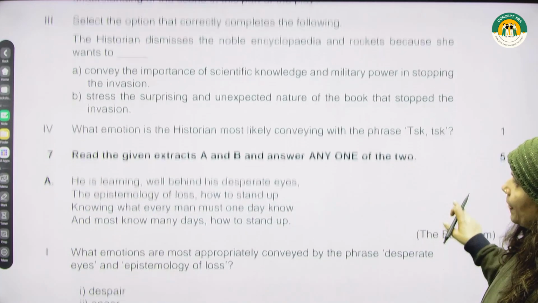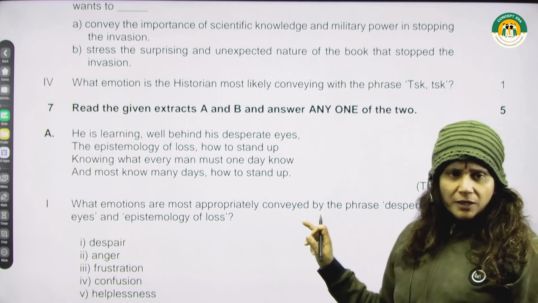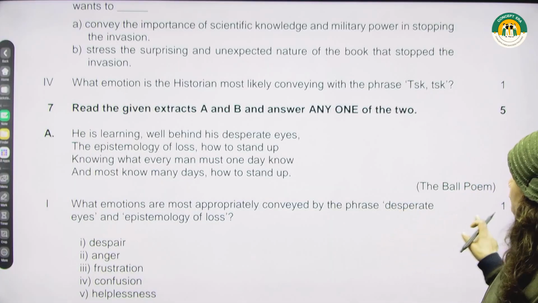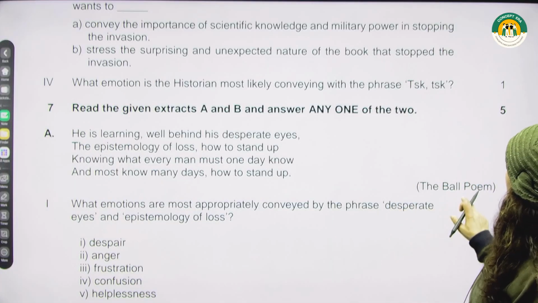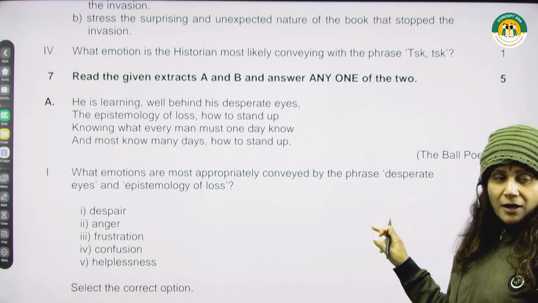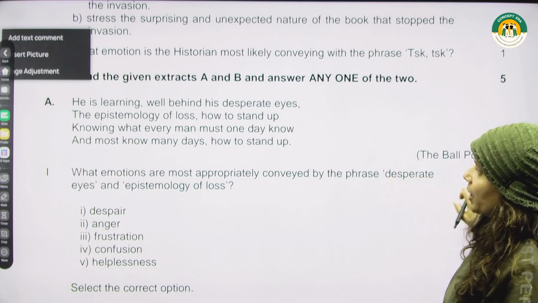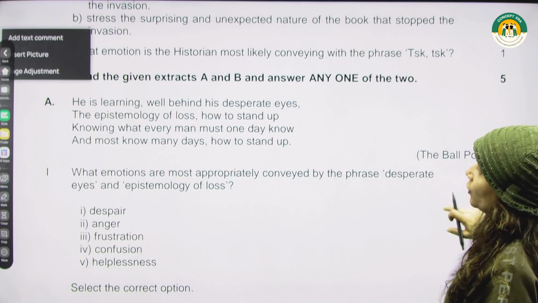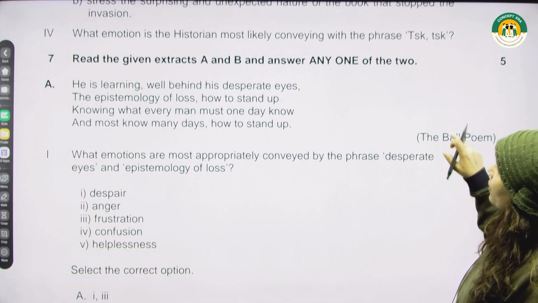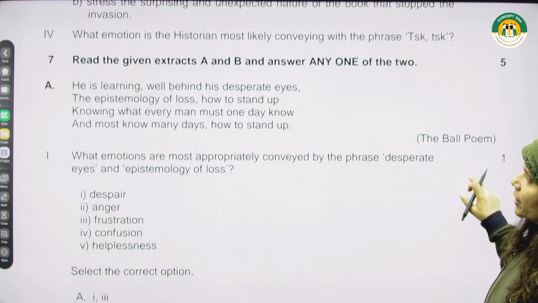1. Now, when we come to question number 7, further it is an RTC, reference to context, and it comes from your literature reader First Flight. But here the RTC is not given from prose and drama. This time the RTC has been taken from poetry, because I have already told you that your literature reader has drama, prose and poetry.